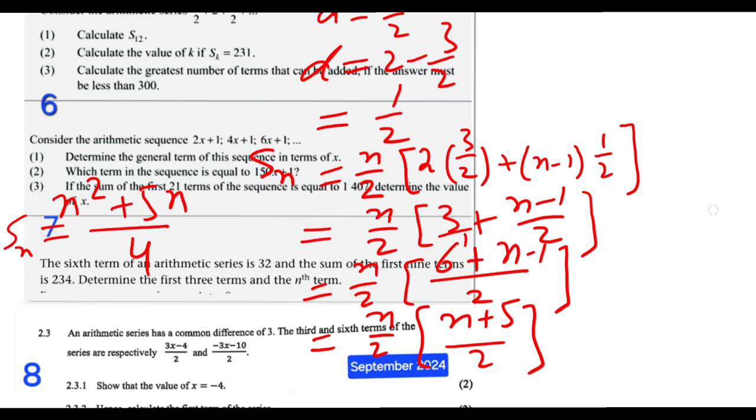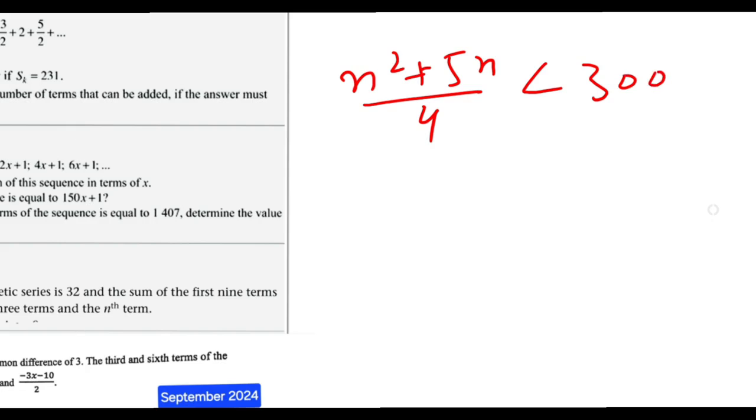So the inequality must be (n squared plus 5n)/4 less than 300. You can write this less than 300 from the beginning, or you can write after you simplify the Sn, then you equate with less than 300.